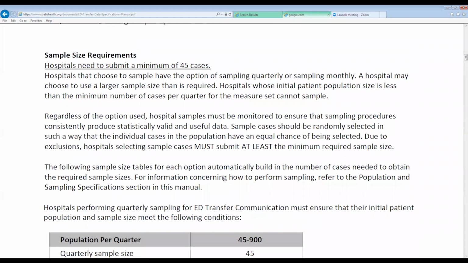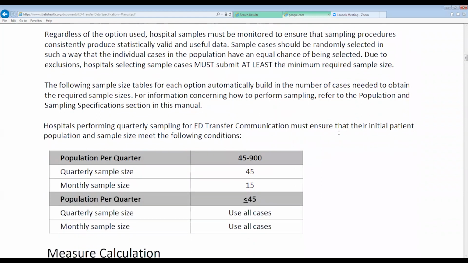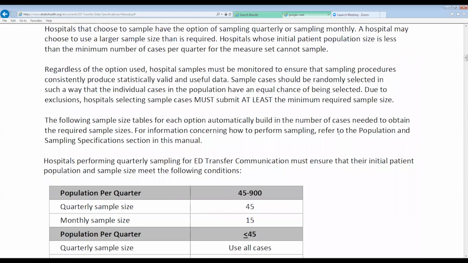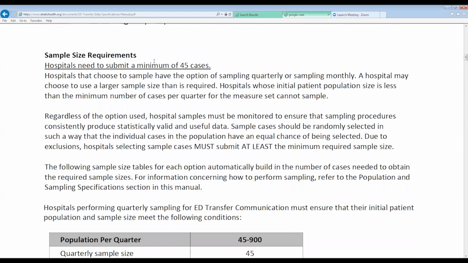I want to talk about the sample size here. The reason this is here is because I don't know how many people you see in your ED. Depending upon your location, some people see quite a few, but we say a minimum of 45.